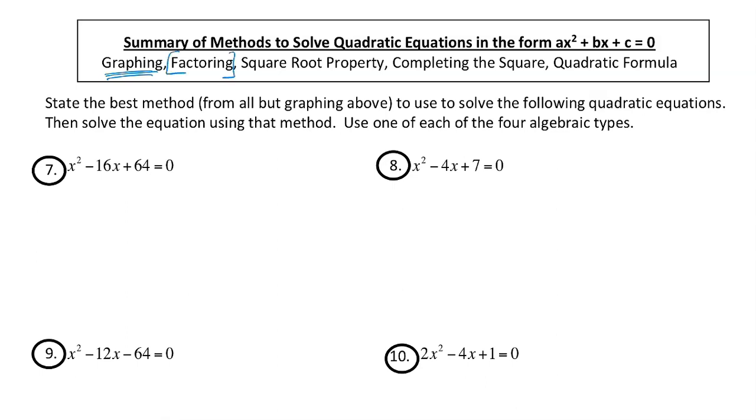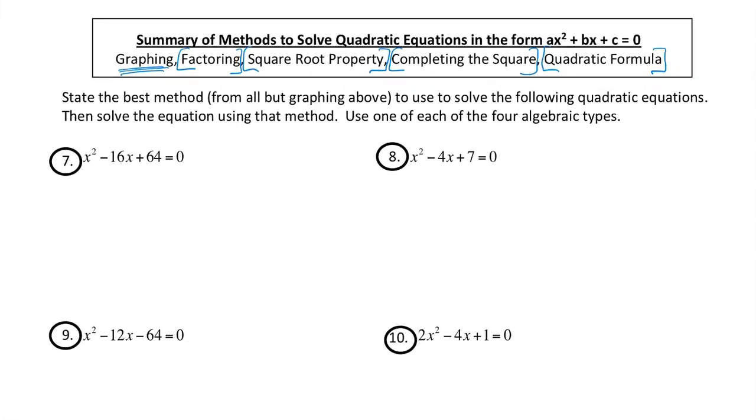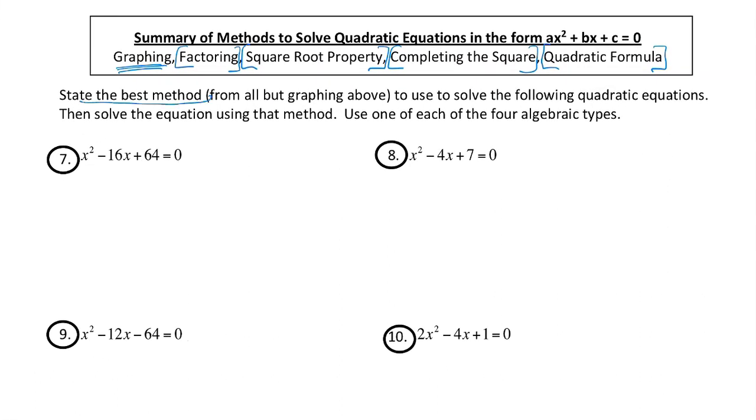We have factoring, the square root property, completing the square, and what this lesson was about, the quadratic formula. So what we would like you to do on the next part is state the best method from all but graphing, so ignoring graphing, to solve the following quadratic equations. Then solve the equation using that method. Use one of each of the 4 algebraic types.